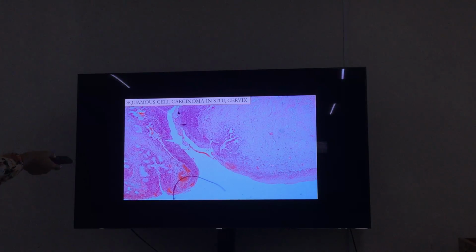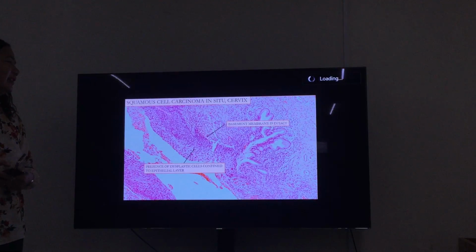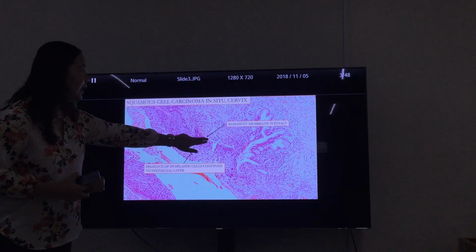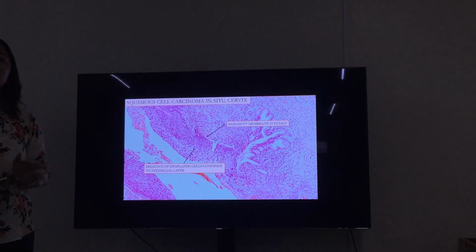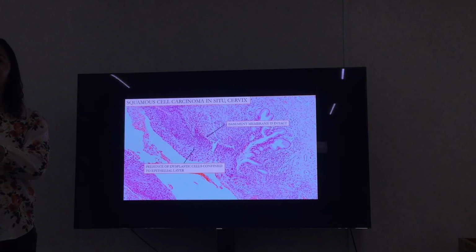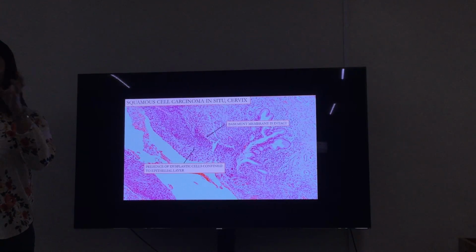So, yan. Closer view na natin. Balik na ako. Okay, closer view. Look at that. These plastic cells confined to the epithelial layer with an intact basement membrane. So the difference between carcinoma in situ and invasive squamous cell carcinoma is invasion. Okay, so sa squamous cell carcinoma, you can see invasion.